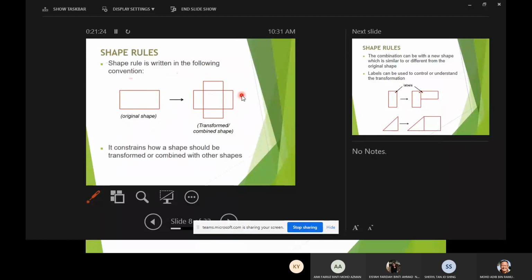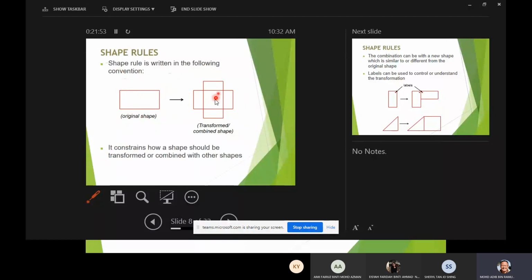Whatever you do when you develop the design, you cannot deviate from this rule. Later on you will know that shape grammar can consist of a single rule like this one, only one rule to create all the designs, or you can have multiple rules. You can have 2, 3 or more rules to create a design.